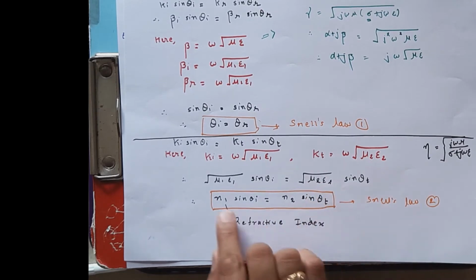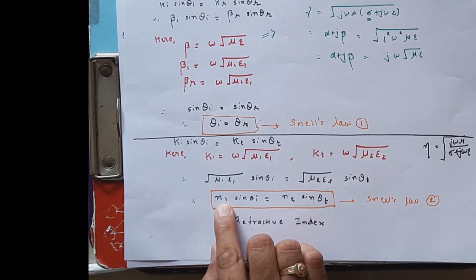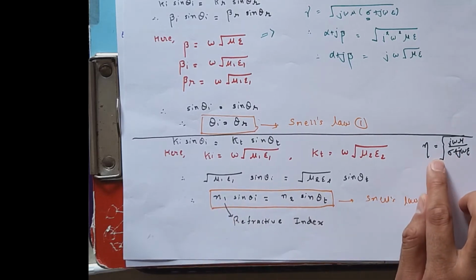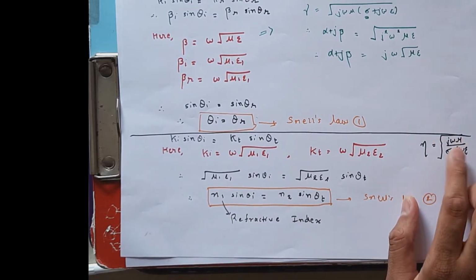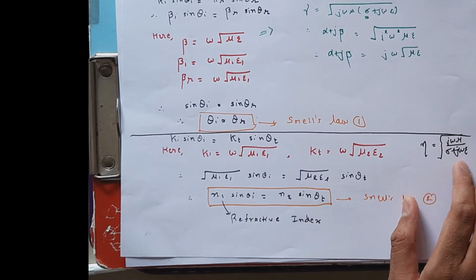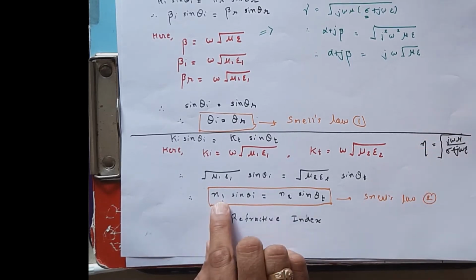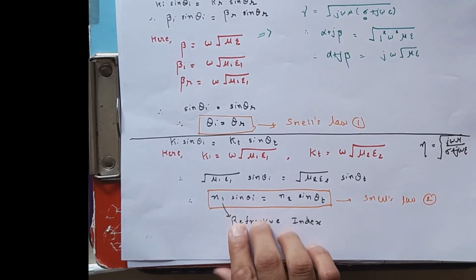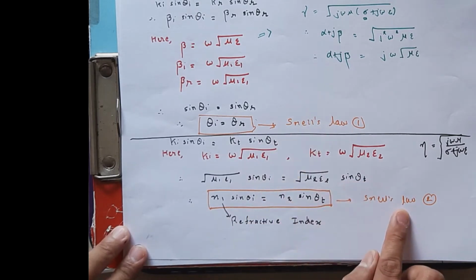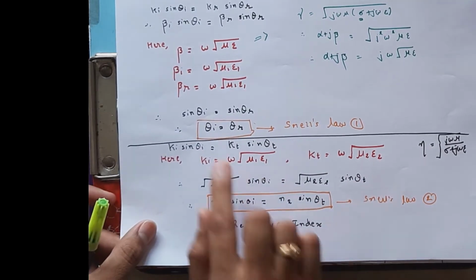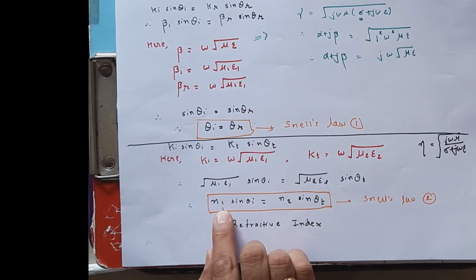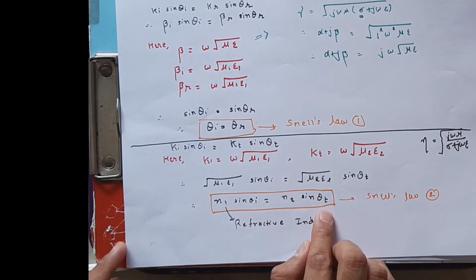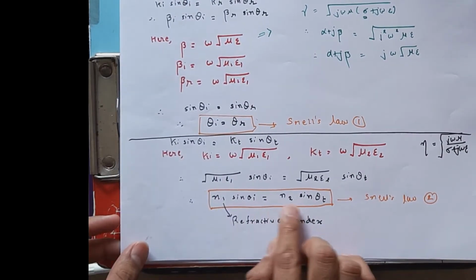Keep in mind n is a refractive index, it's not an intrinsic impedance. The intrinsic impedance equation is the square root of j omega mu over sigma plus j omega epsilon, but n is the refractive index of the medium. So we get these two Snell's law equations. First is theta I equals theta R, and second is n1 sin theta I equals n2 sin theta t, for the first medium and the second medium.